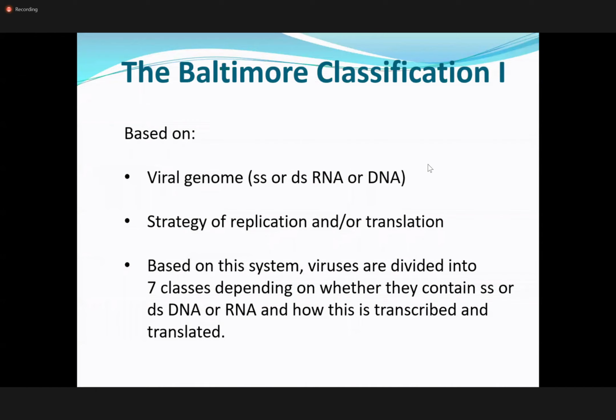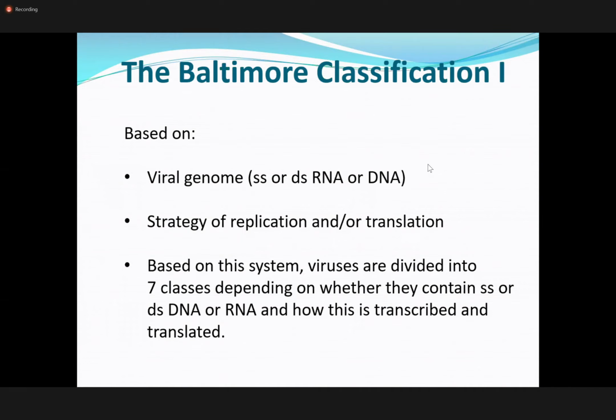So because of this, in the 60s, this virologist called David Baltimore, who was the one who discovered retroviruses, came up with this idea of grouping viruses based on the type of nucleic acid they contained, whether they were DNA viruses or RNA viruses, or whether they were double-stranded or single-stranded.